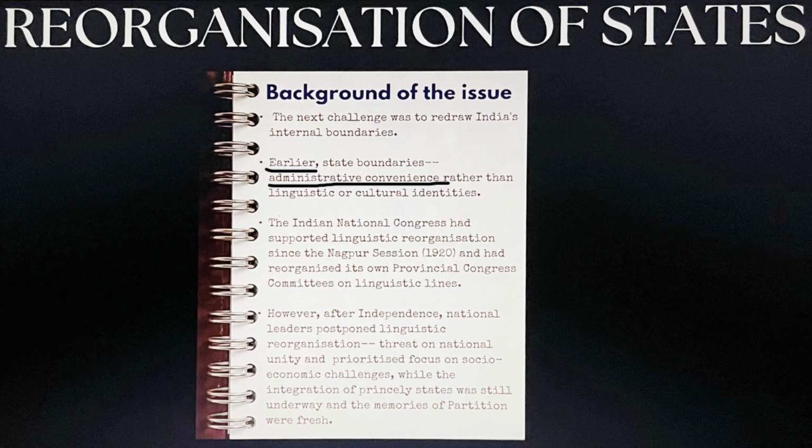But right now, when we are involving a lot of princely states into India by telling them that we will actually protect your demands and your rights and your interests, we didn't have an option to ignore their linguistic or cultural identities. We would have to redraw our boundaries, taking into account these things, linguistic and cultural identities.